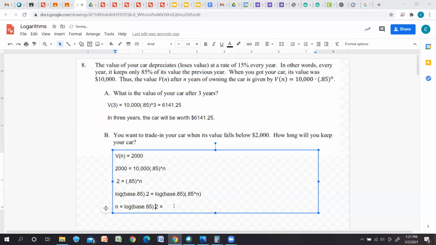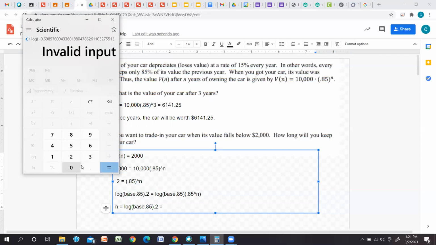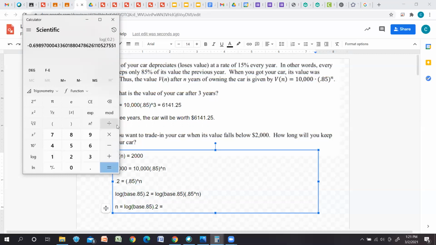I thought it was strange that it was a negative number. So log of 0.2 divided by the log of 0.85. And we get 9.903.